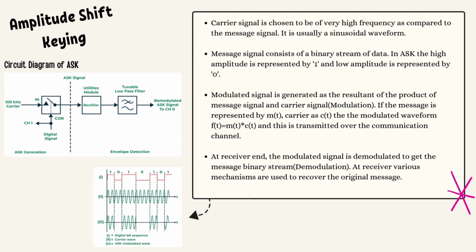At the receiver end, the modulated signal is demodulated to get the original binary stream. At the receiver, various mechanisms are used to recover the original message.